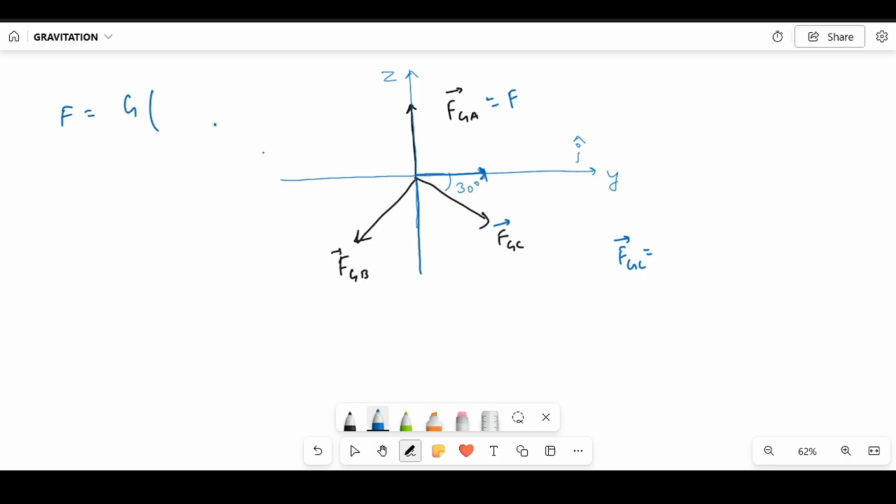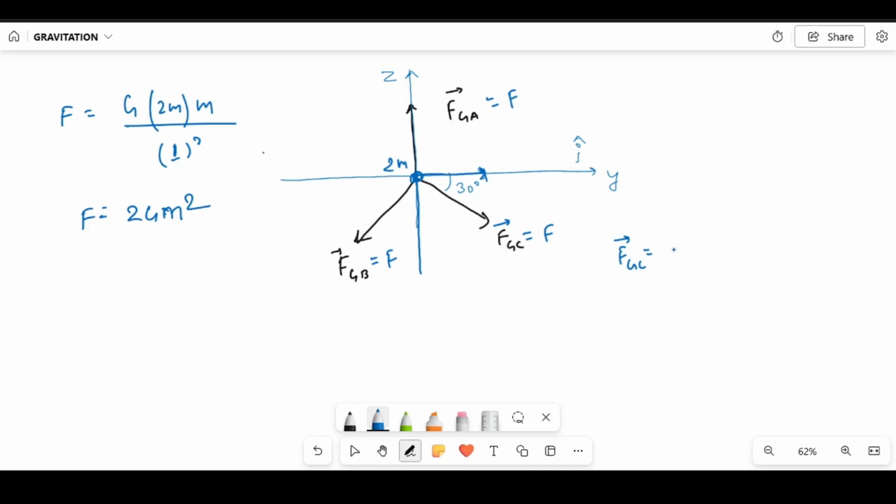F is nothing but G M1, let's say this is M1, which is 2m. So 2m, M2. M2 is m divided by r square. R is given 1 here. So this is 2Gm square. This F is. Okay. So this is also the same. Magnitude is same in each case.